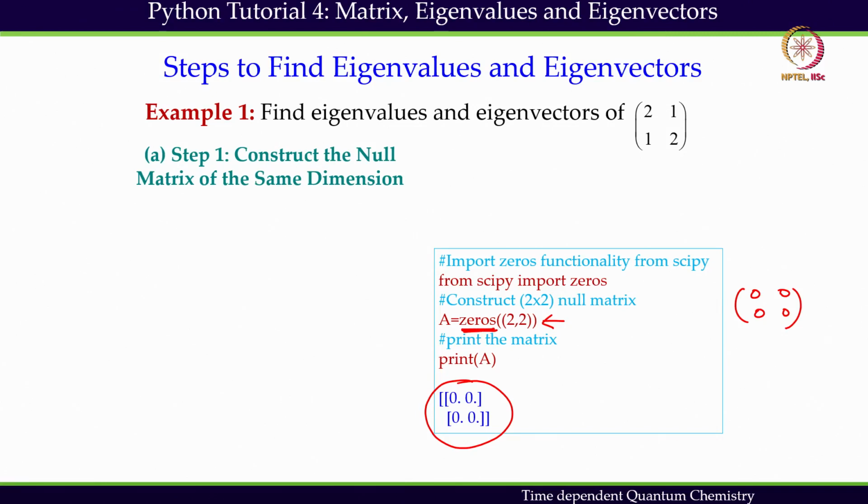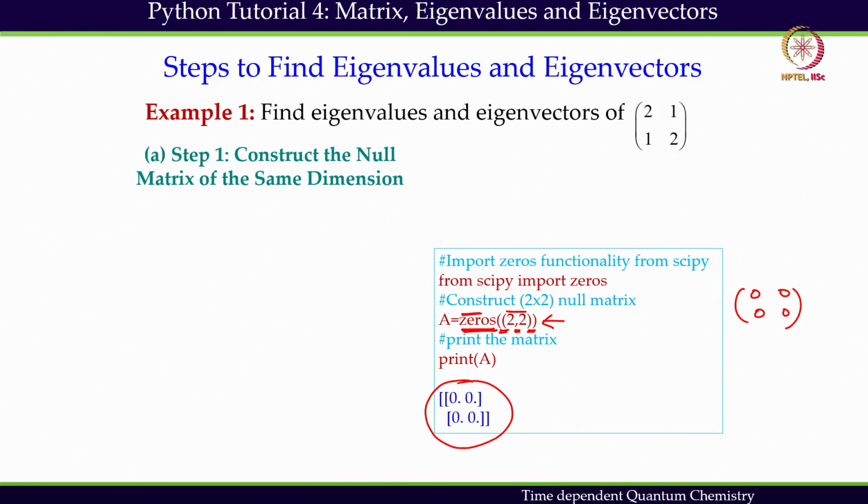In the zeros functionality, remember that we are using a comma here to show the dimension, and we have double brackets here, one bracket for the zeros and another bracket for the dimension of the matrix. So, these are the two things which you should remember. We should not get confused by the notation.